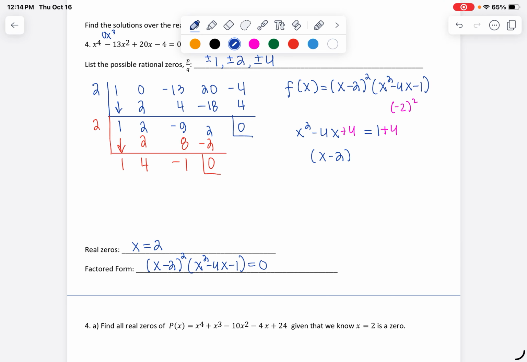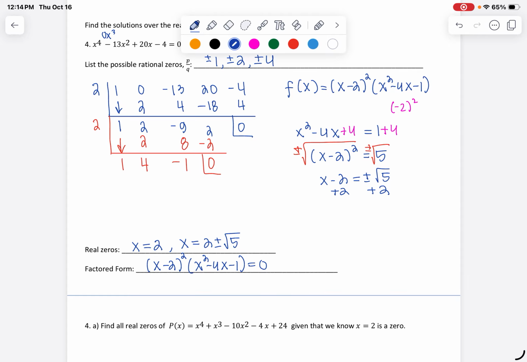X minus 2 quantity squared is equal to 5. Square root to solve. If this was a negative number, then I would definitely stop right there because the directions tell me real. X minus 2 is equal to plus or minus root 5, and then add 2 to both sides. So my other 2 real solutions are x equals 2 plus root 5 and 2 minus root 5.